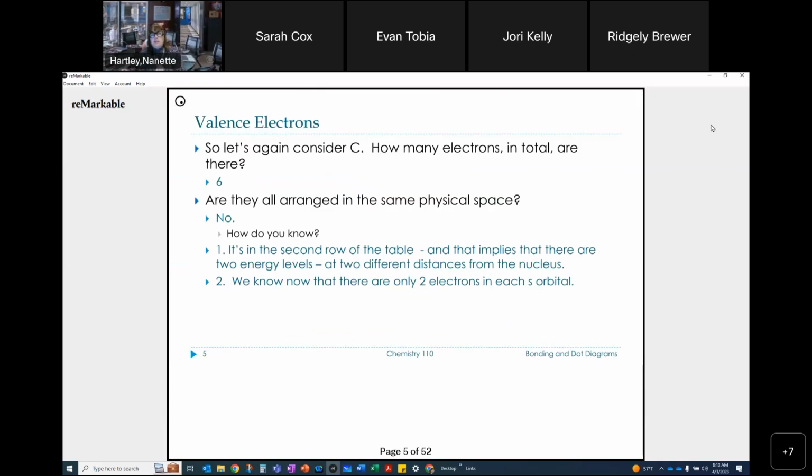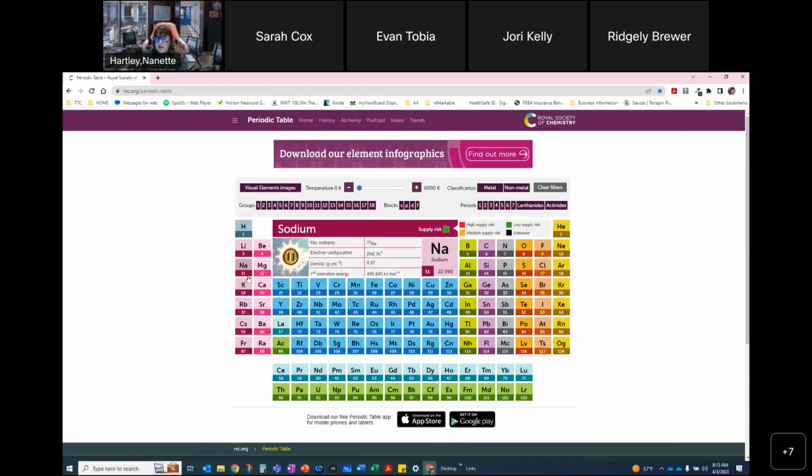So we need to talk about valence electrons. Okay, now valence electrons is something that we've talked about without specifically talking about it in the past. And let me pull up my periodic table and show you what I mean by that. So when I talk about any row, let's talk about this row 3, right?